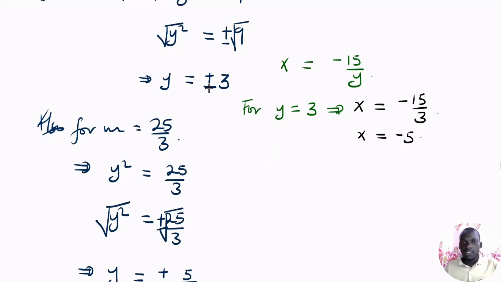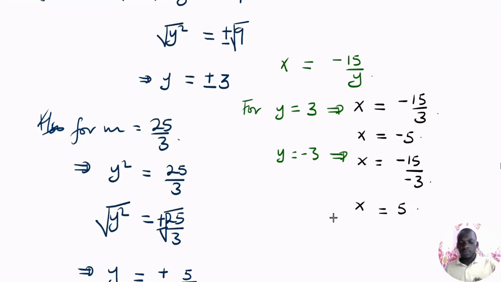Or if we now consider the negative y, it implies that our x is going to be equal to negative 15 divided by negative 3, so that our value of x becomes 5.